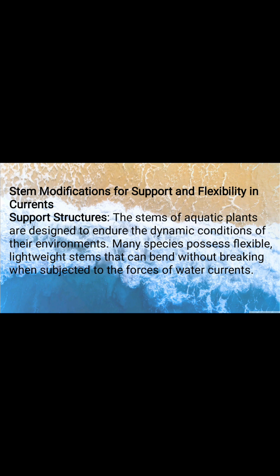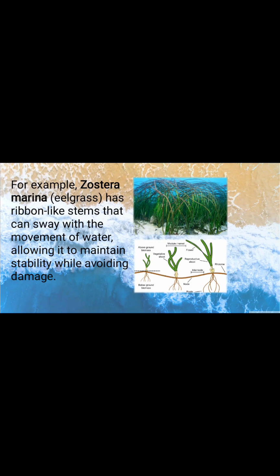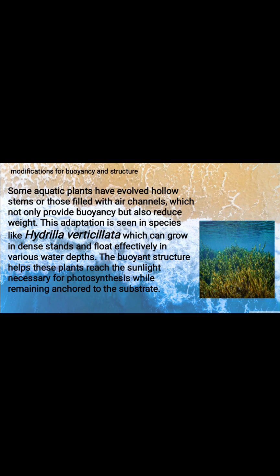For instance, Zostera marina or eelgrass has ribbon-like stems that can sway with the water's movement, allowing it to stay anchored while avoiding damage. Some species like Hydrilla verticillata have hollow stems or air-filled channels that provide buoyancy and reduce their overall weight.